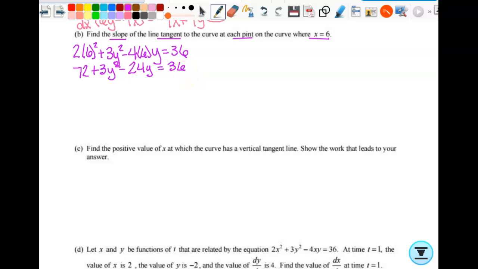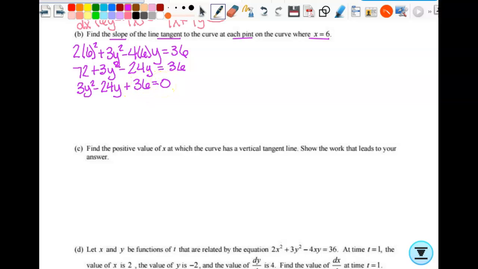Okay, so we have a quadratic, even though my y squared is kind of hidden in my y there. So in order to solve our quadratic, we need to set it equal to 0, right? And we would like our y's to be, just put this in standard form. So 3y squared minus 24y, and then I'll have 72 minus 36, which is just 36.